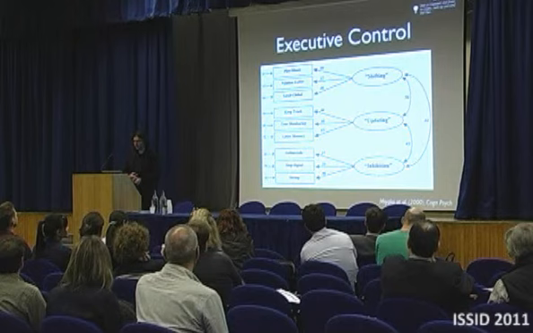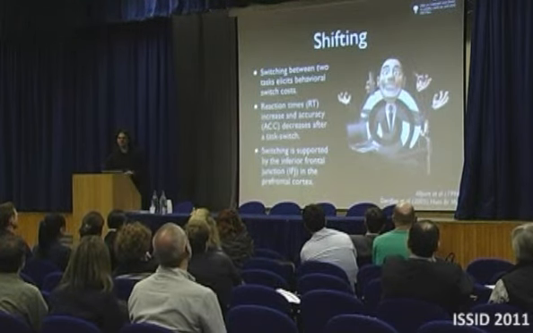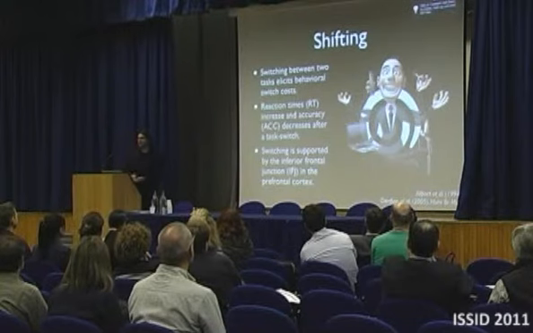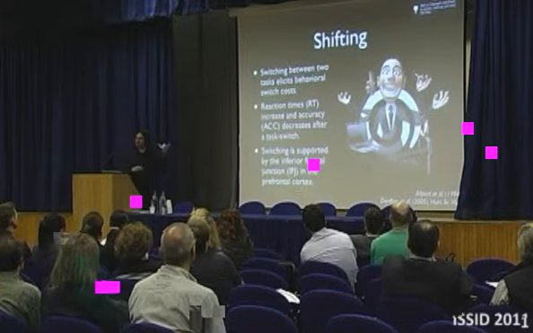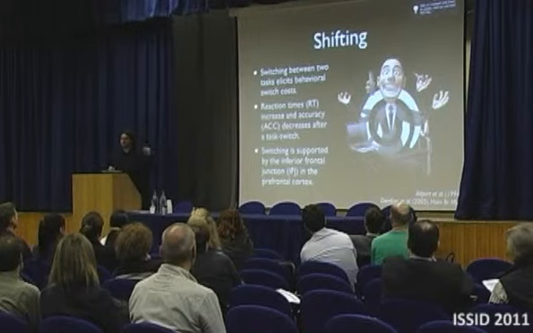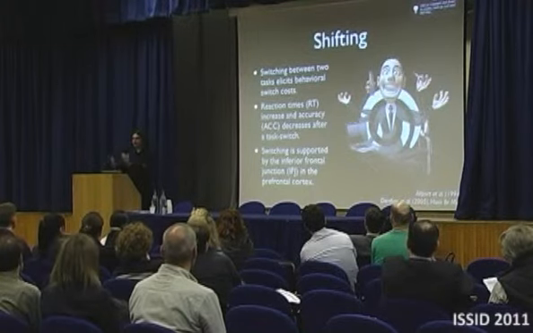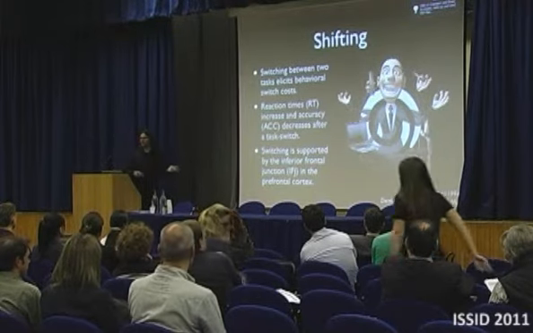The best way to think about shifting is to think about your everyday work in the office. You're working on multiple tasks all the time. You're likely to be writing a paper when the phone rings, you pick up the phone, answer it, put the receiver down, work on the paper again, look at somebody who's knocking at your door, whatever. Every time you perform a different task, you have to switch from one task to the other.